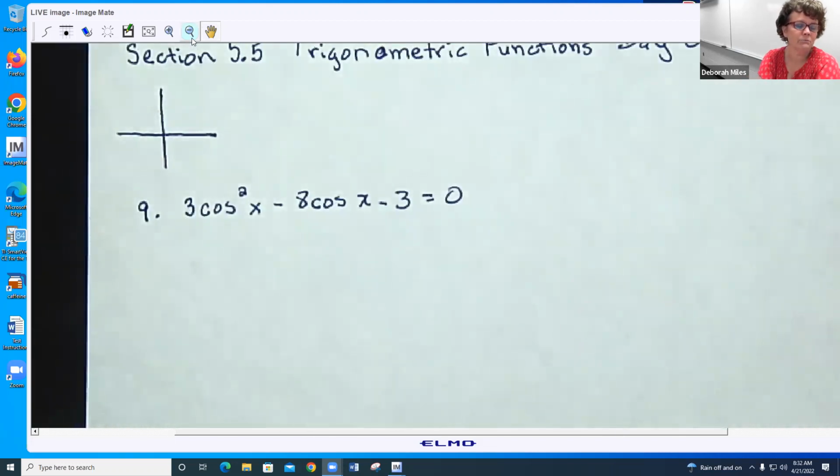how do you think I'd attempt to solve that equation? I gave you a big hint when I said it's like 3 ugly squared minus 8 ugly minus 3. How would you solve that equation?